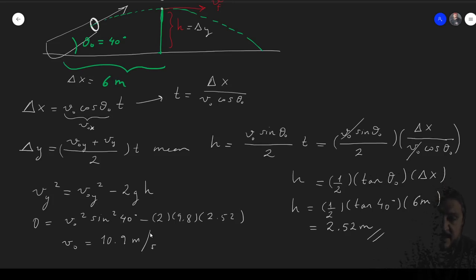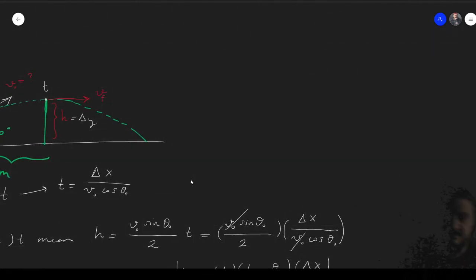All right, so I guess that's how you do it. Is there a simpler way or a different way? There is one more, I guess. You could use this: vy is equal to v naught y minus gt. So 0 equals v naught sine 40 minus 9.8 t.